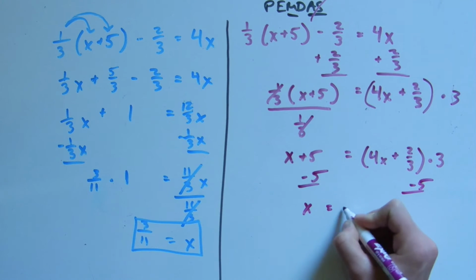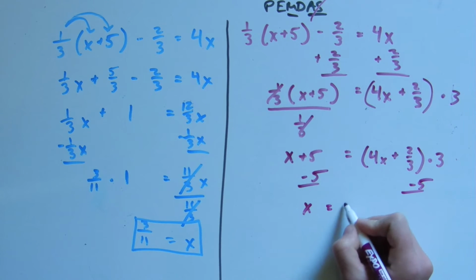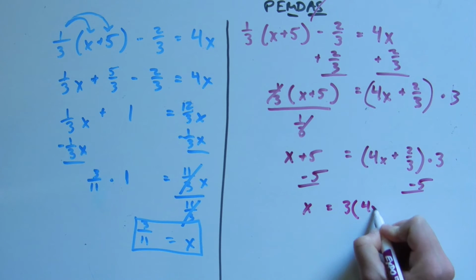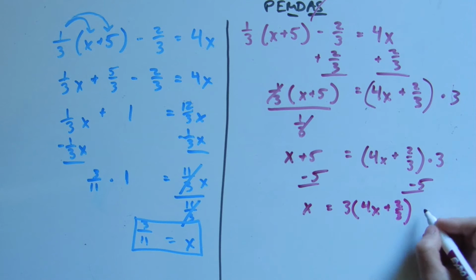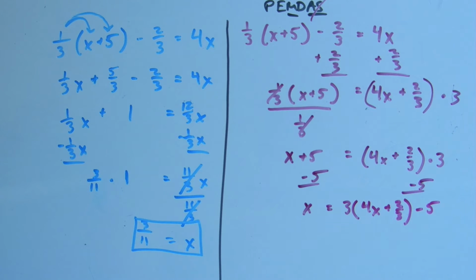So we have x is equal to 3 times 4x plus 2/3, and that minus 5. But we have a problem. There's still this x on the right-hand side.